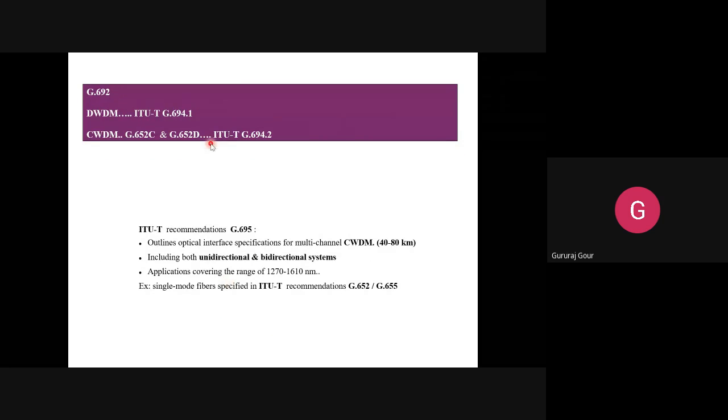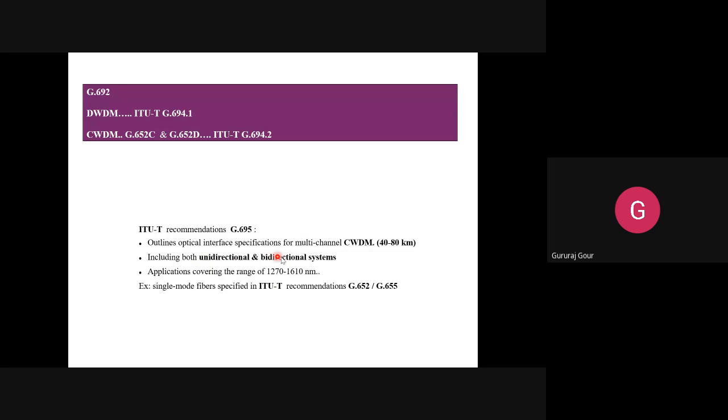So far we have seen the standard G.692 divided into two flavors: DWDM supporting the G.694.1 standard, and CWDM, coarse WDM, supporting G.694.2 and 652D standards. Another, the last standard in the context of these WDM standards, is G.695. 692 we have seen, 694 we have seen with respect to DWDM and CWDM, 694 and 652 versions, and 695 is different.